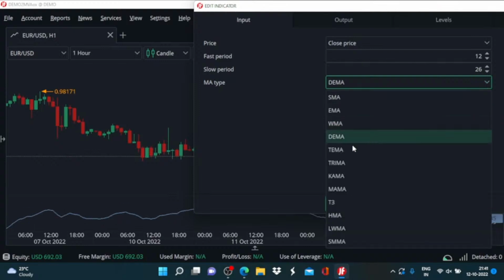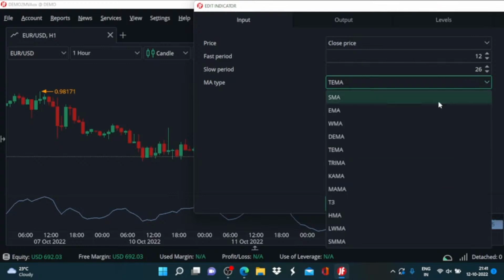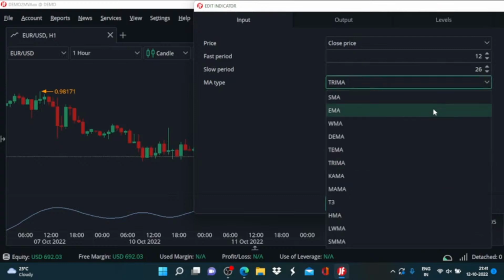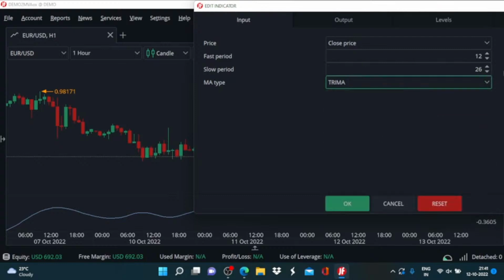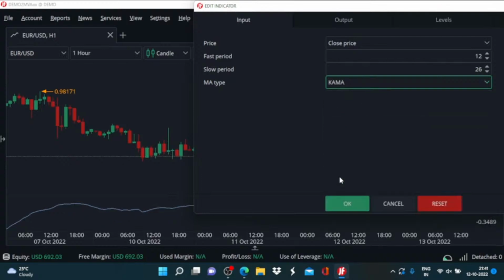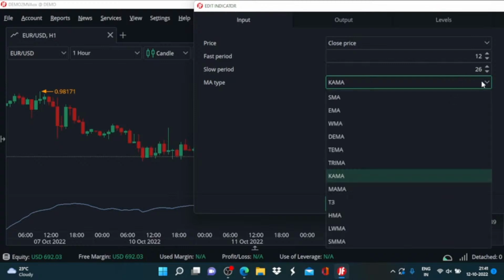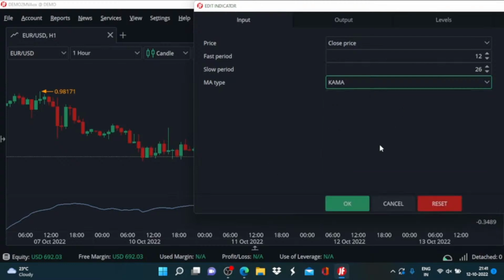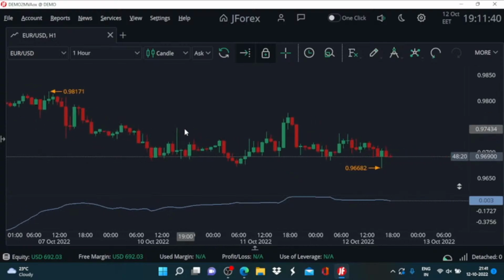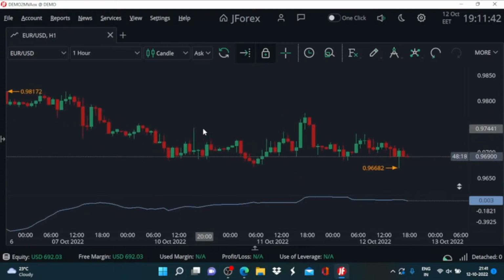So depending on which kind of moving average you use, you will see large variance in the output and thereof the signals generated. Trima, it is looking a lot more smoother. KAMA, let's see what happens when we use KAMA as our defined moving average. Stability is a lot more in KAMA. All right.